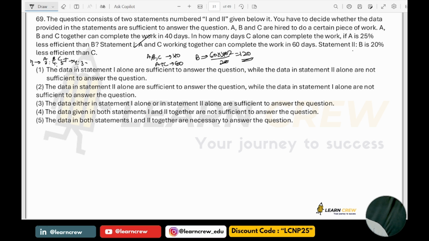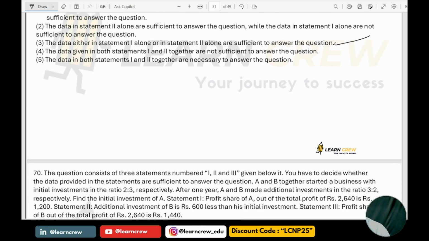Now it is given that A, B, C together can complete the work in 40 days. So 3 plus 4, 7 plus 5, 12 into 40, 480. 480 divided by 5, so you can find in how many days. So either A or B alone is sufficient.